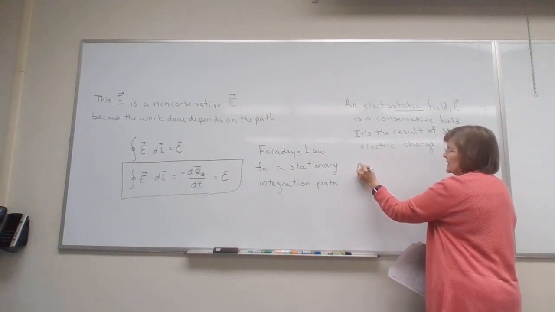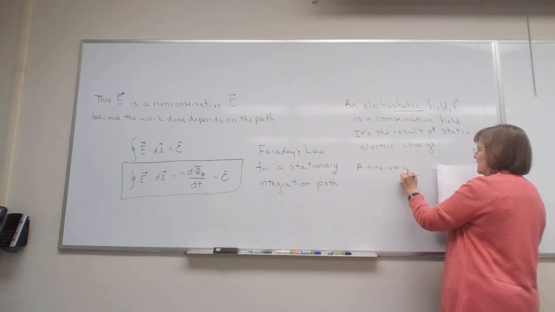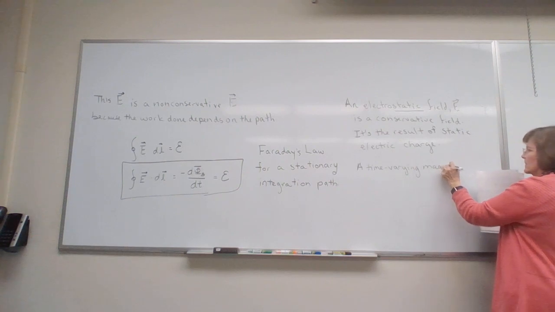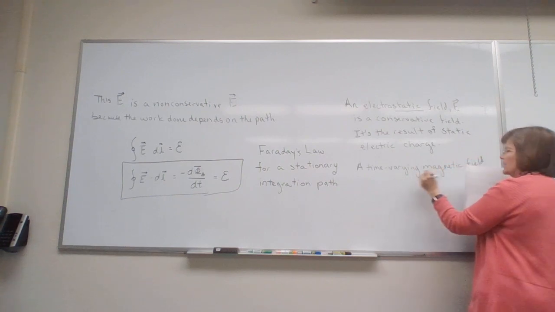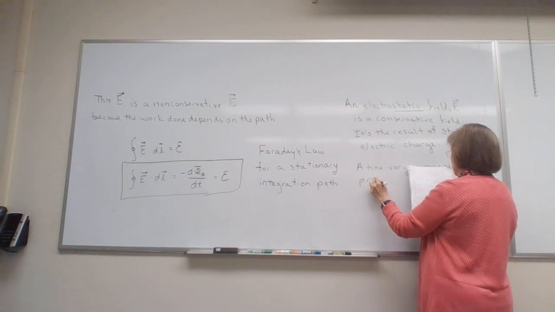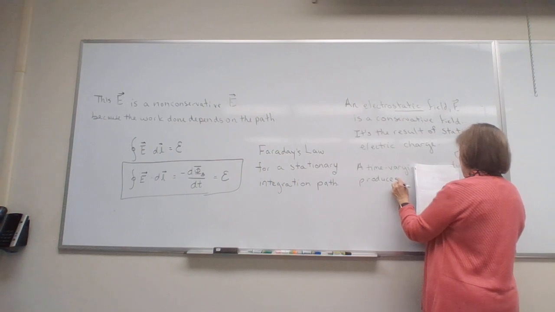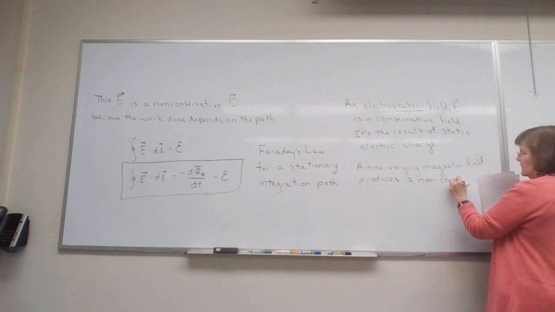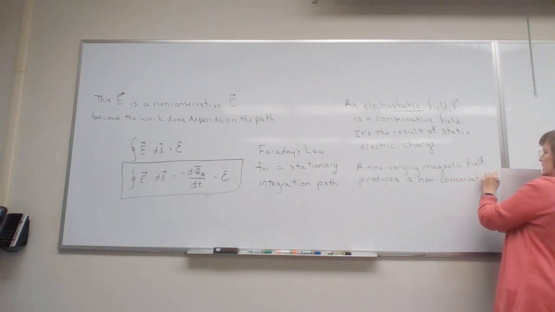What we just learned is that a time varying magnetic field produces a non-conservative electric field.